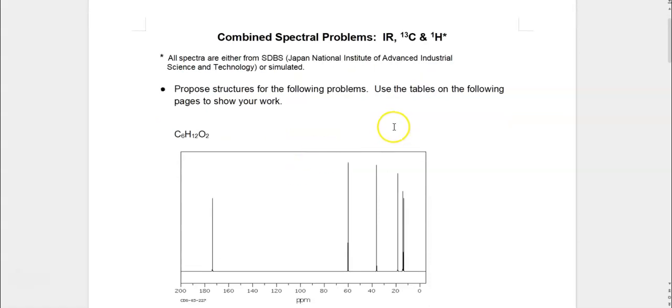Alright, in this problem we have 6 carbon atoms, 12 hydrogen atoms, and 2 oxygen atoms.